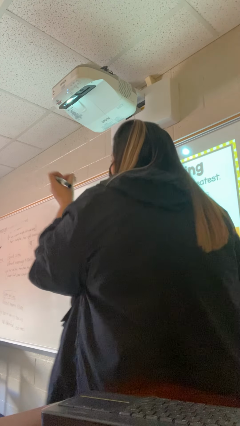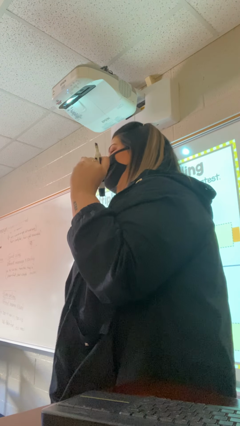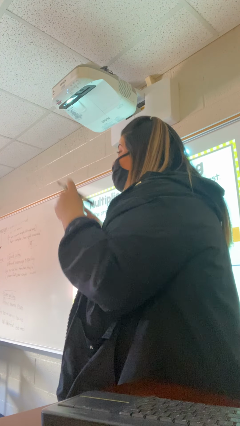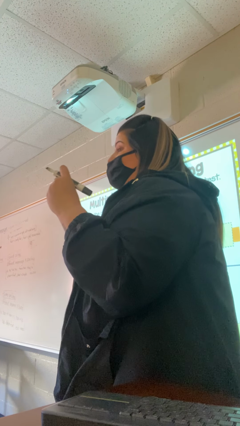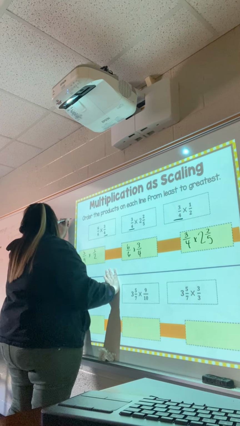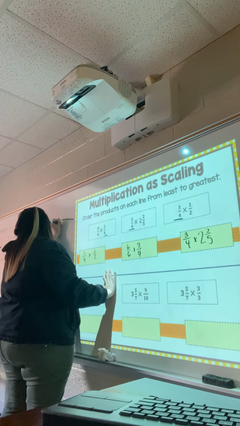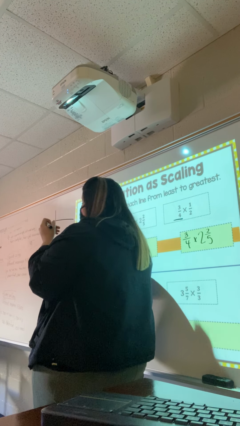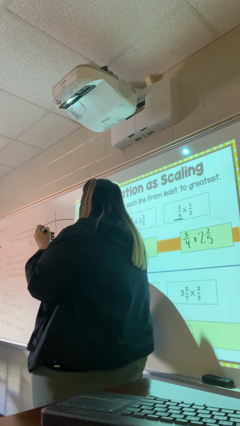And here's why when you multiply, you get something smaller. Think about when we're multiplying fractions, the word of. The word of is really important because that means you're going to multiply fractions. Let's say I have a line. This multiplication problem, 3/4 times a half, is basically saying 3/4 of that half.